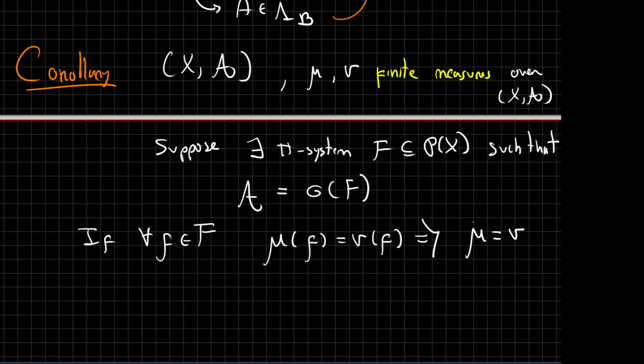As functions, they are equal. So for every element of the sigma algebra. So this is most important, because with this we only need to check whether these two functions have the same value in this small set, and then it will hold.